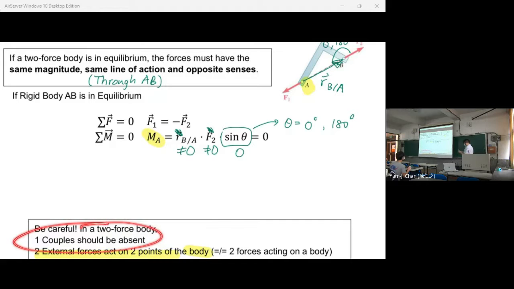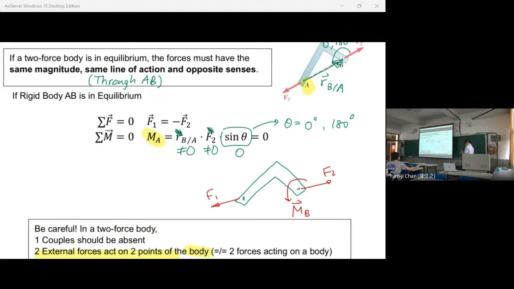If, for example, we have F1 and F2 and suddenly we have a moment M_P here, this is not a two-force body, because we have a couple here.